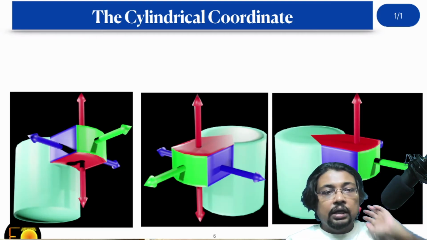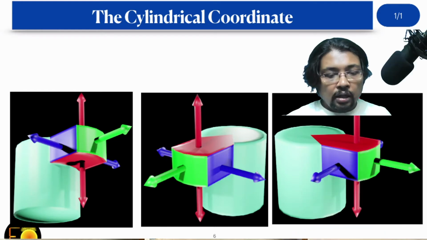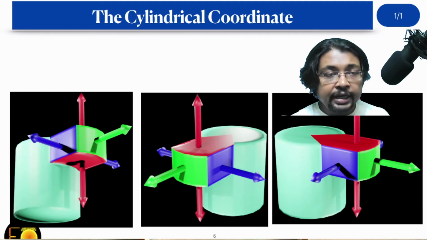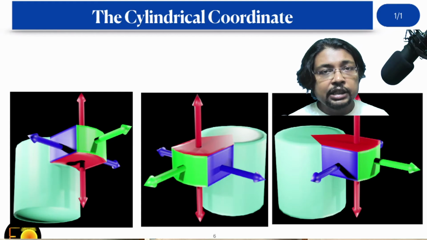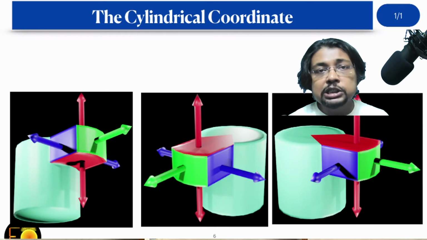Now the elementary surface. These are the surfaces projected from different directions, and this is a surface that you have seen when you cut your birthday cake with your friends, and such a piece you can take out of the cylindrical cake.